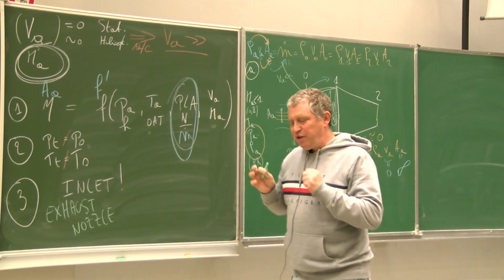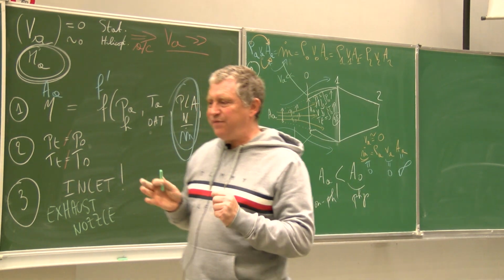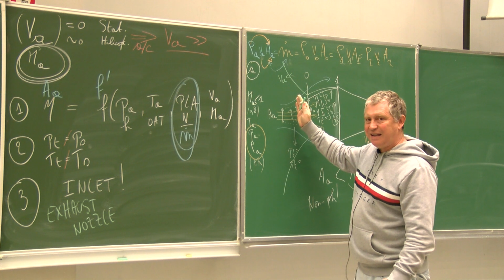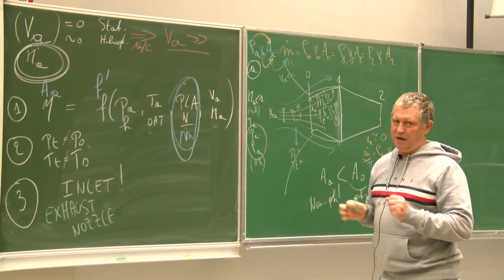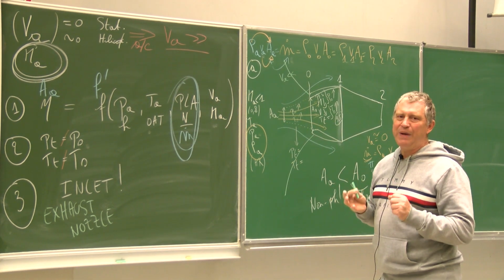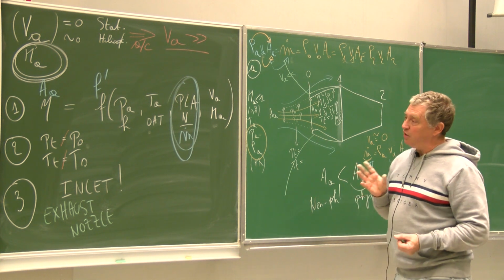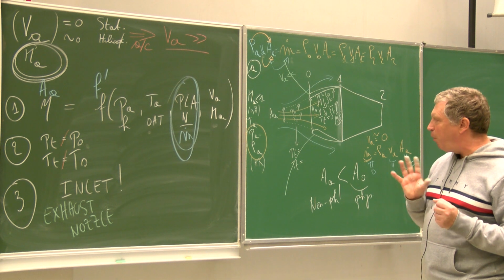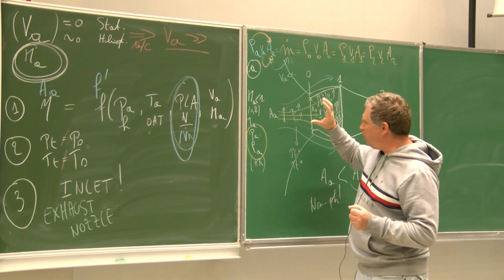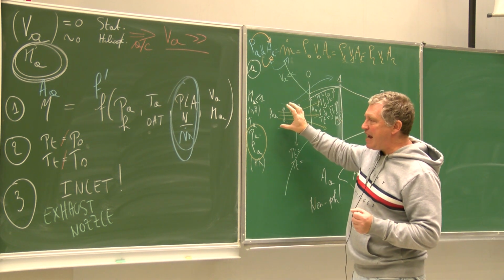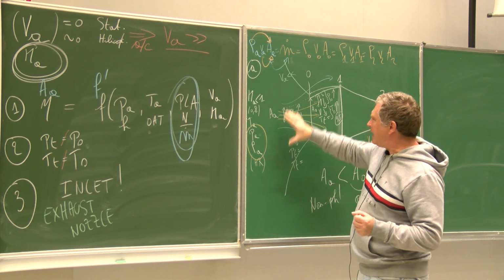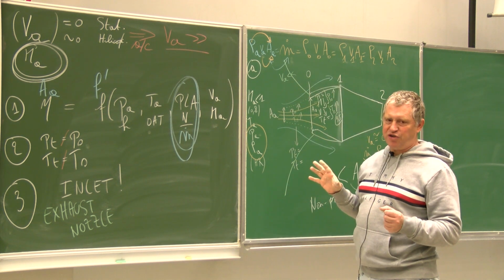And so the study of what you have in front of the intake is crucial in order to understand what will happen in an aircraft engine. And this is certainly one of the most complicated points. This is to understand that this AA is existing and that this AA can change so much.